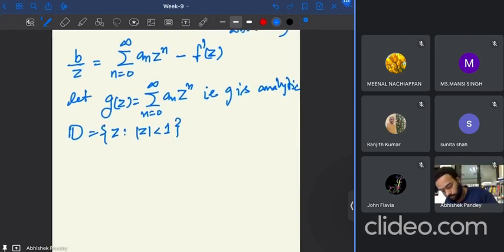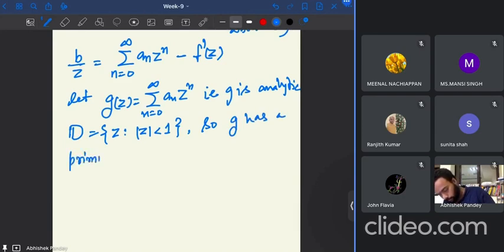This we have already seen. So g has a primitive, meaning an antiderivative, in D, say h.